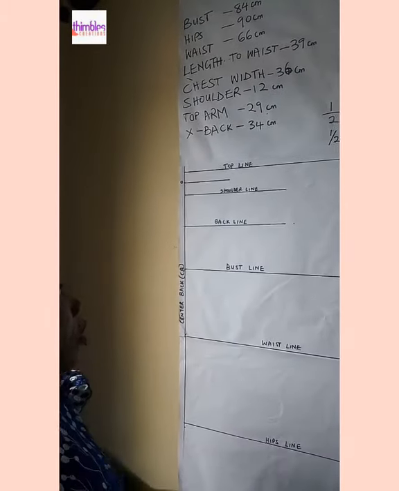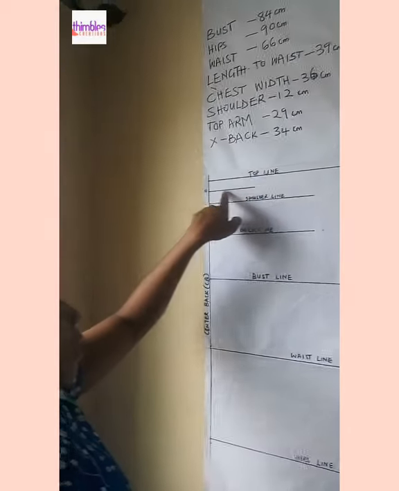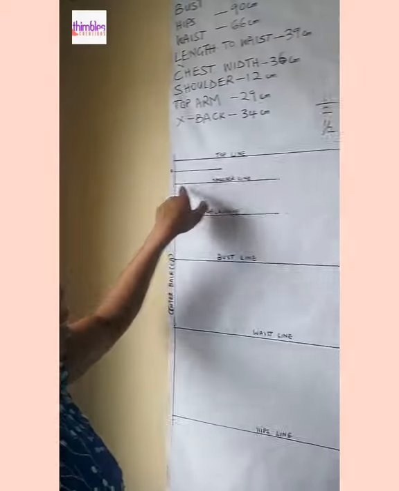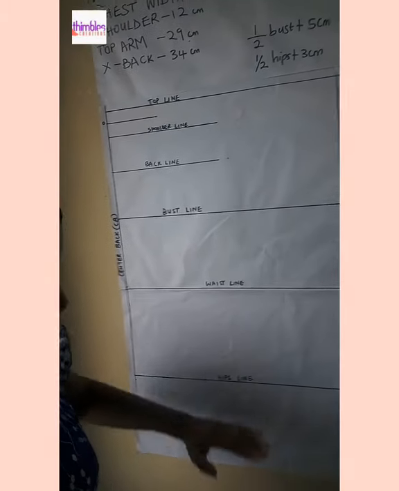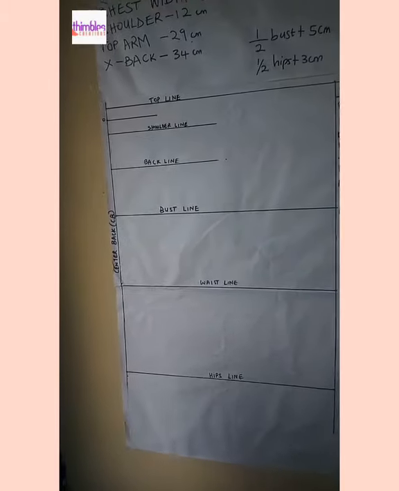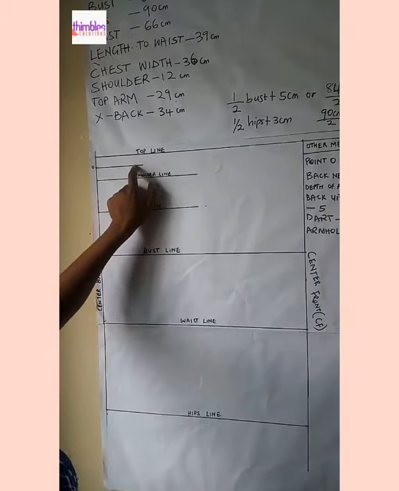Okay, so this is the shoulder line. We've gotten all the levels, all the lines. Remember, this is our point O, the neckline, the shoulder line, the back line, the bust line, the waistline, and finally the hips line.